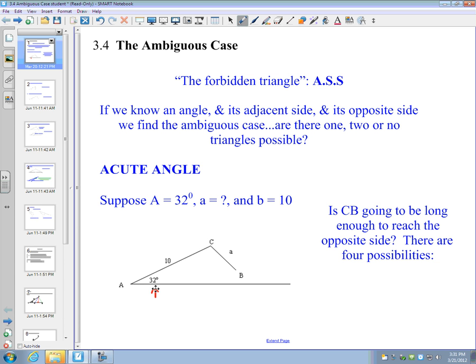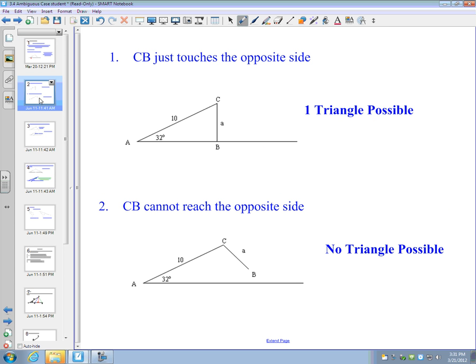There's 4 possibilities for that side A that can lead to some ambiguity. Okay, so first of all, we could have that CB just touches. If it just touches, it's exactly 90 degrees right there. So let's look at that length of A. In this case, I could say that the sine of 32 is equal to, so opposite over hypotenuse, A over 10.